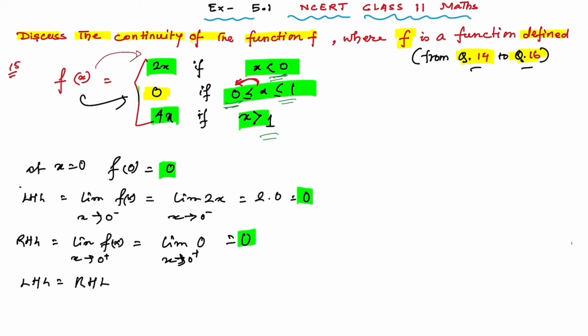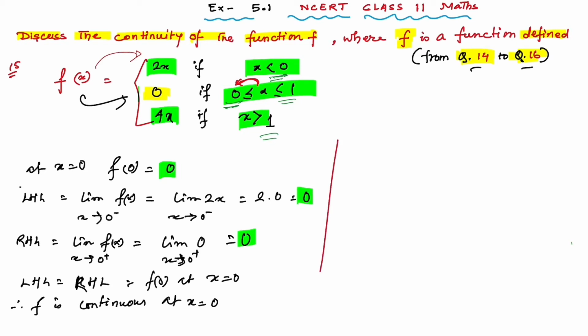Left hand limit, right hand limit is equal to f of 0 at x equal to 0. Therefore, f is continuous at x equal to 0.